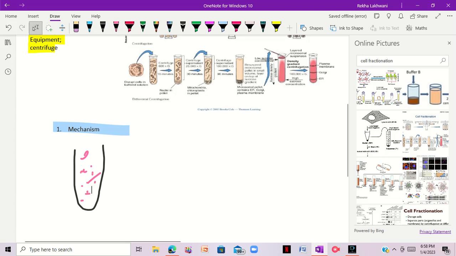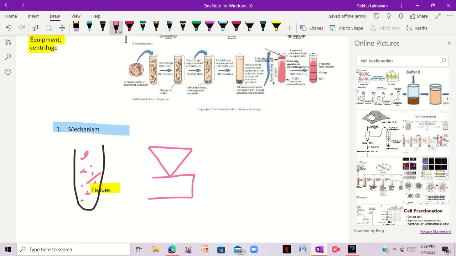Let me write it over here. These are tissues. Now you will grind these tissues into small particles.